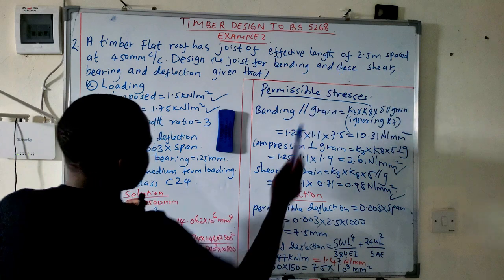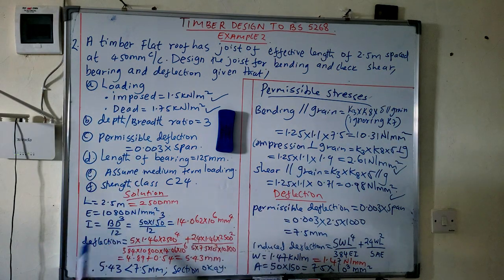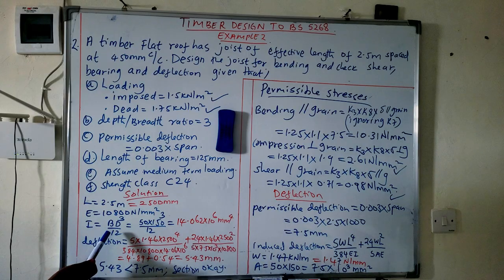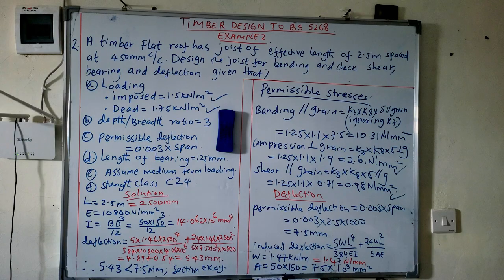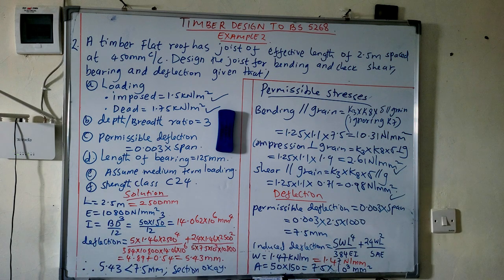Length is 2.5, you convert it to millimeter, multiplying by 1,000, so you'll get 2,500 millimeter. And then you have the E. E is 10,800 Newton per millimeter square. Again, you get it from the table. I is BD cubed over 12. You can calculate it or get it from the table. If you calculate it, it will be 50 times 150 cubed over 12. So this is the answer.